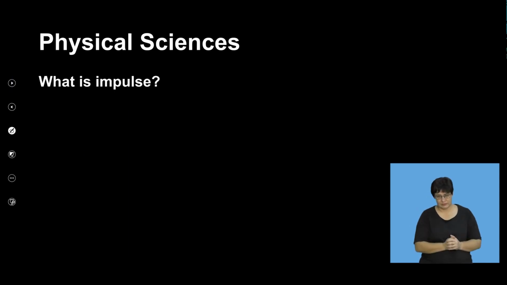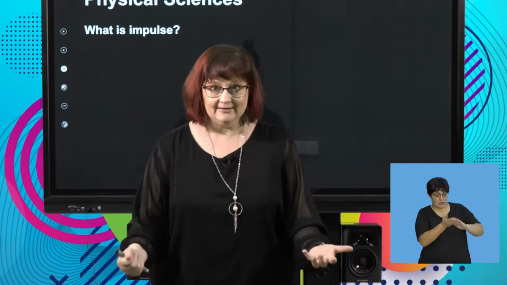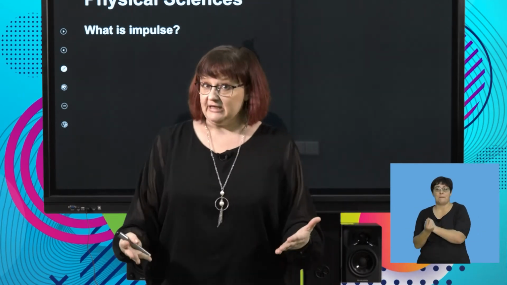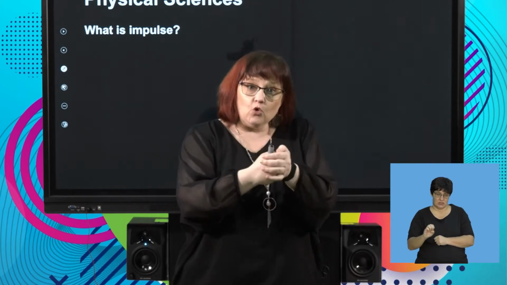Right. So, what is impulse? We can only get impulse when an object's momentum changes. That means we have to have a force that gets exerted on an object. When a force is exerted on an object, we can say that it's experiencing impulse. But it's not just about the force.